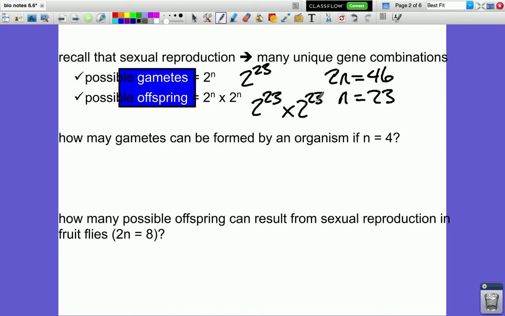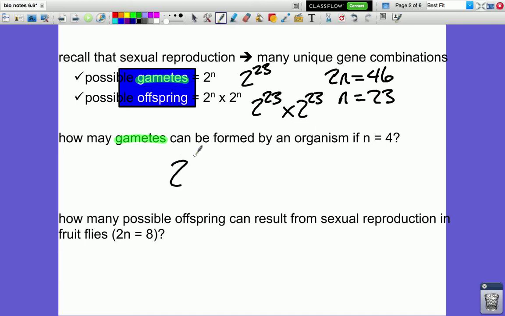The first question asks, how many gametes can be formed by an organism if n equals 4? So I already know that the haploid number is 4, and I want to know how many gametes are formed. Since I want to know how many gametes are formed, I'm going to use that possible gametes equation, 2 to the nth power.